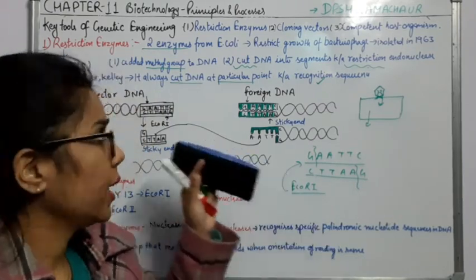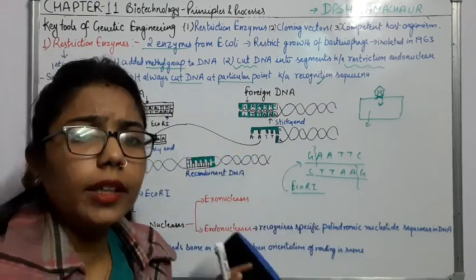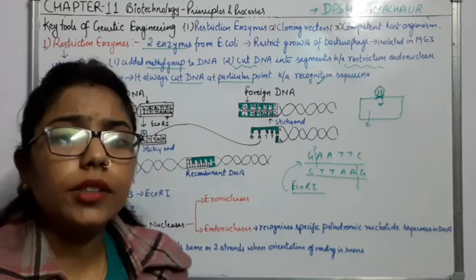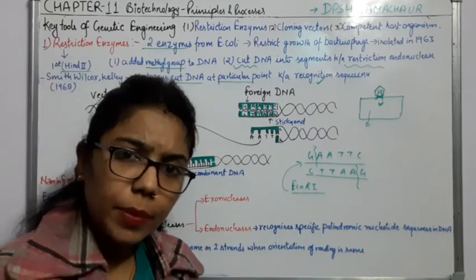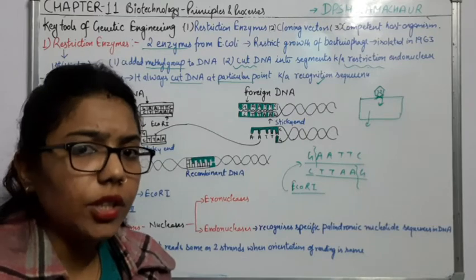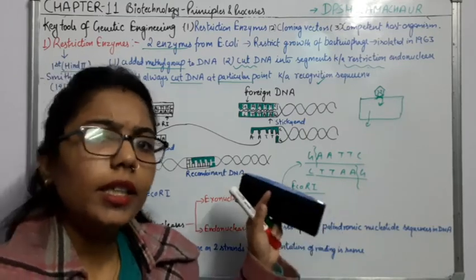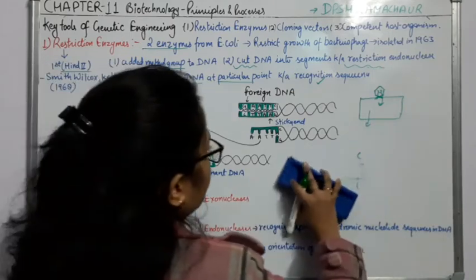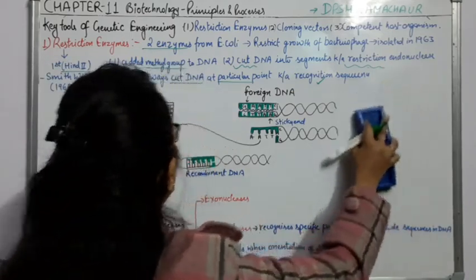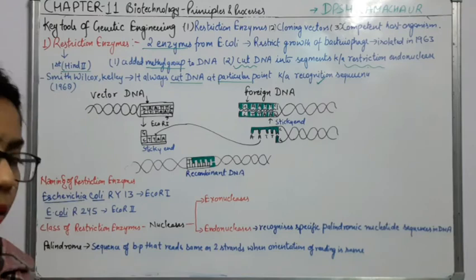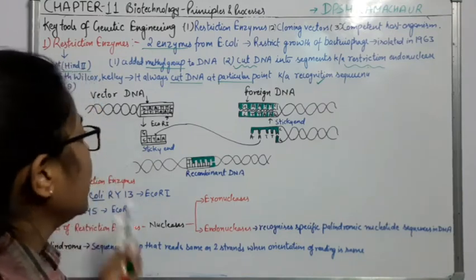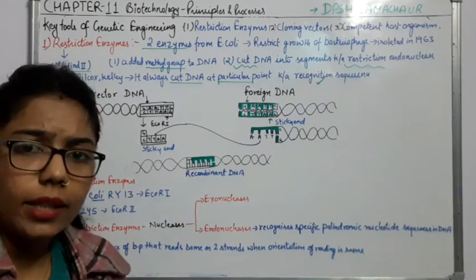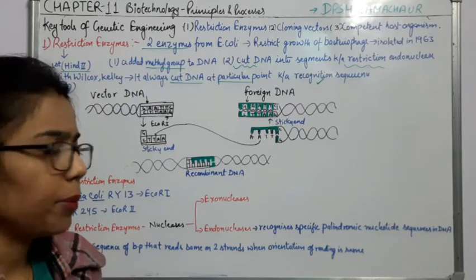The general characteristic of a restriction enzyme is that it has a specific site at which it cuts the DNA sequence. Here we have the recognition sequence, followed by the restriction endonuclease enzymes. Here I have shown the mechanism of how all this happens.